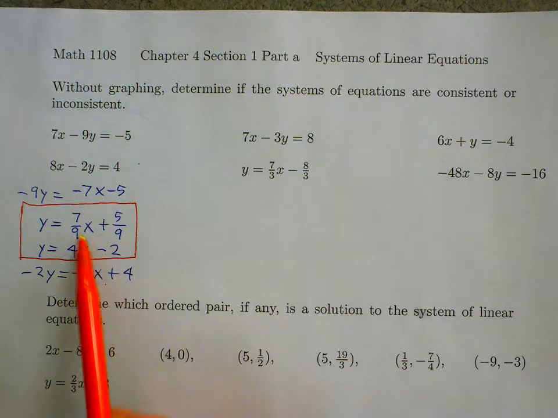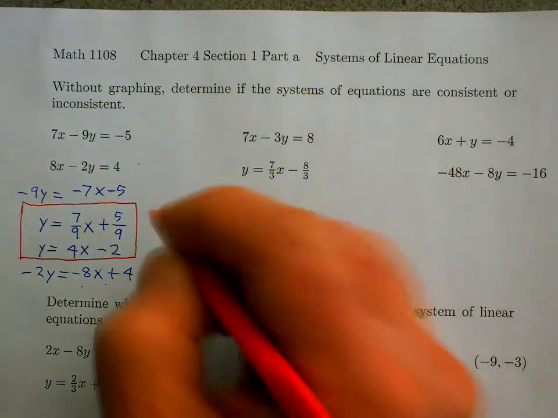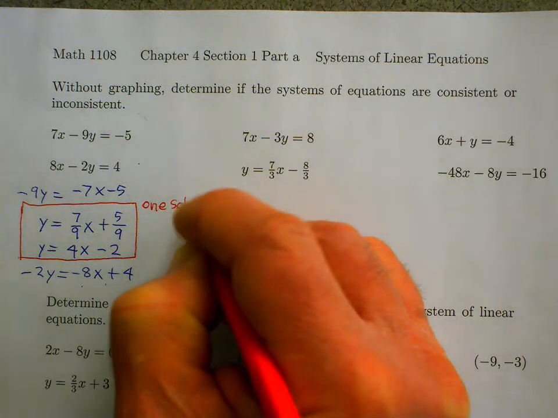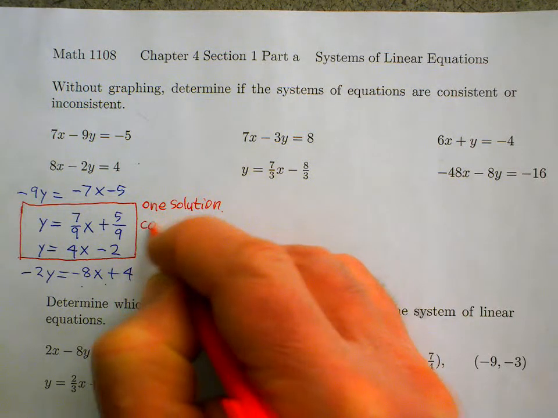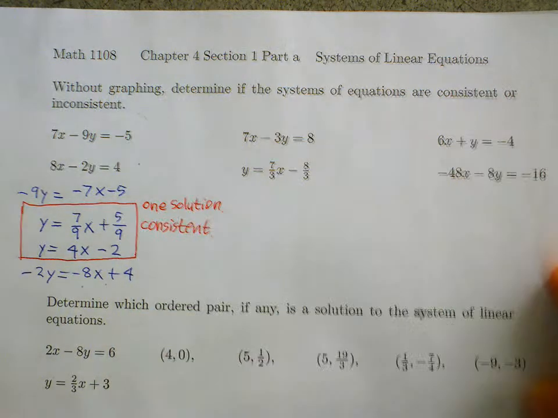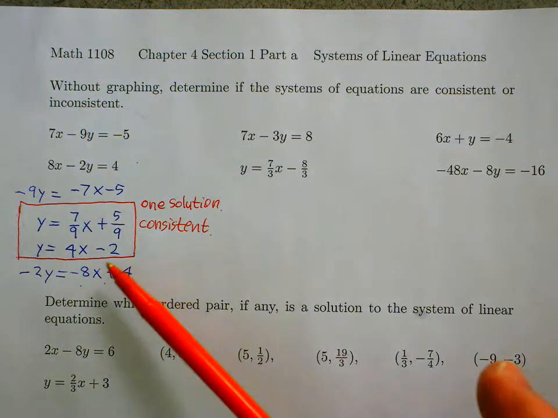The two lines have different slopes, which means the two lines intersect at exactly one point. So the system has one solution because the slopes are different, and if it has one solution, it's consistent. We don't know what the solution is, but we do know that there's exactly one solution.